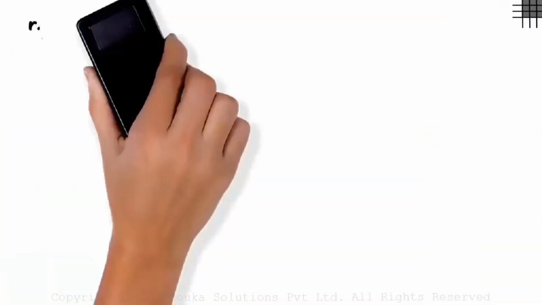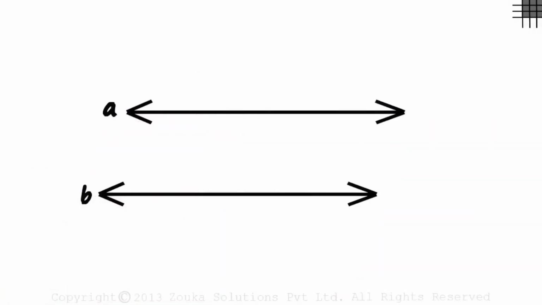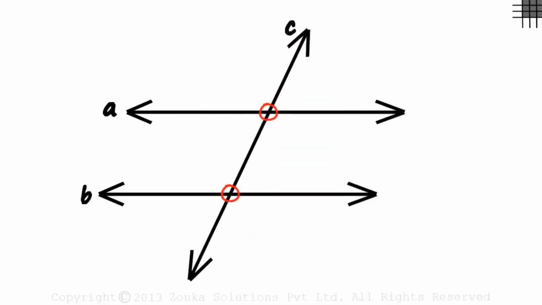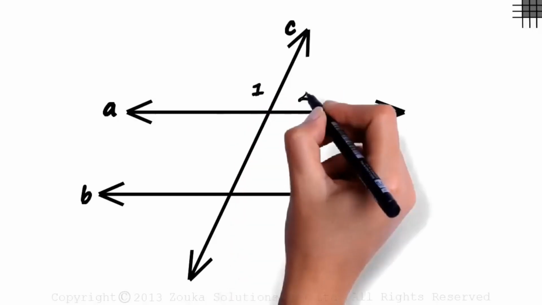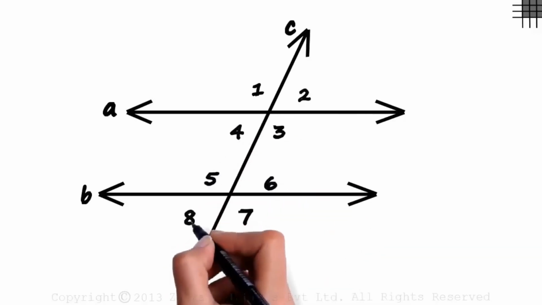On a new page, let's look at the beauty of these angles. Assume we have lines A and B which are parallel and transversal C which intersects them at two distinct points. As we already know, the transversal forms 8 angles: 1, 2, 3, 4, 5, 6, 7 and 8.